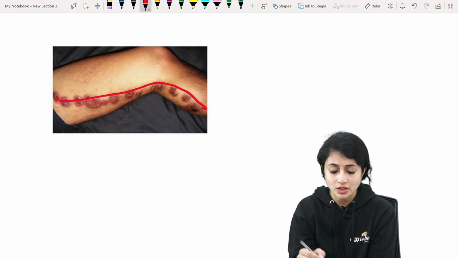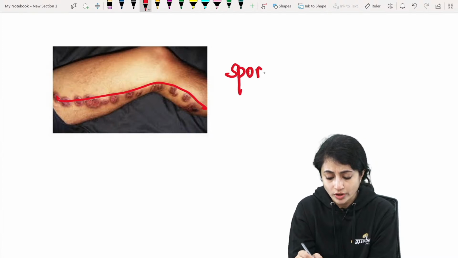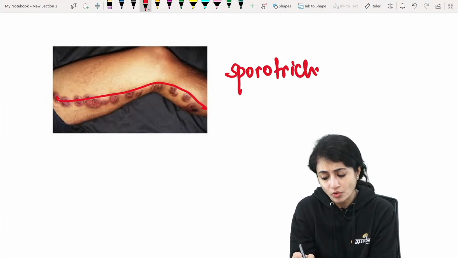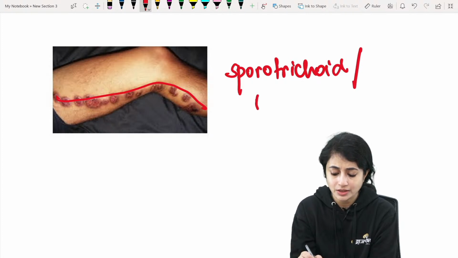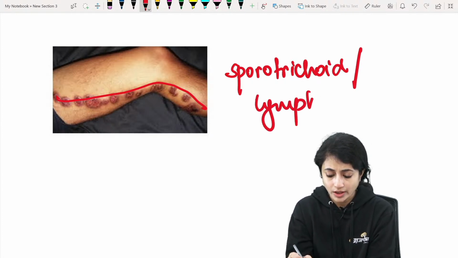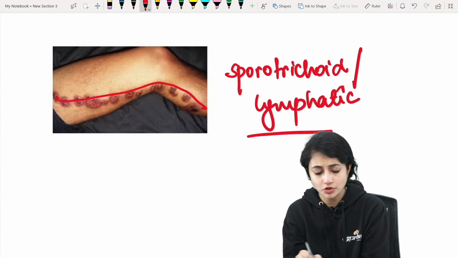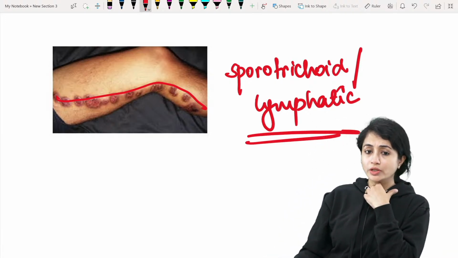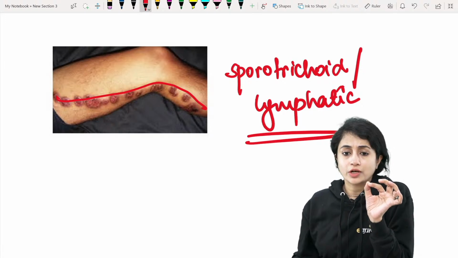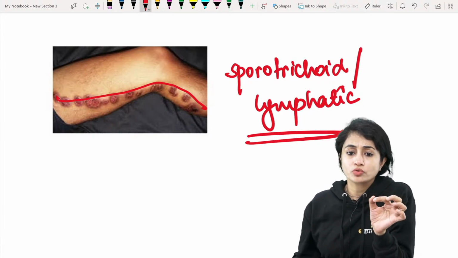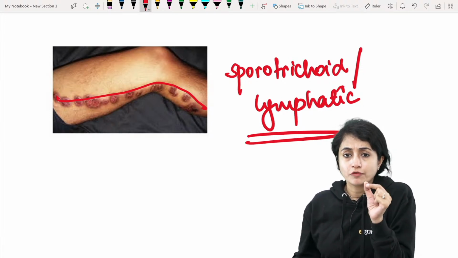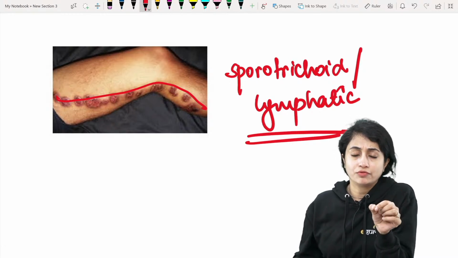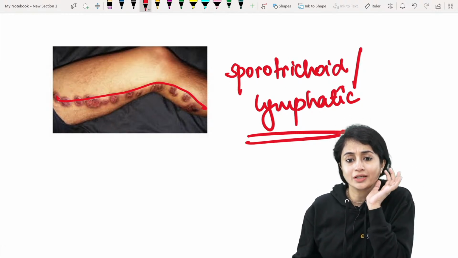This is called sporotrichoid spread or lymphatic spread. Okay, so a classical description, a farmer who is presenting with linear nodules along the lymphatics, it is sporotrichosis caused by Sporothrix schenckii. It is a type of subcutaneous fungal infection. You should be able to identify this.